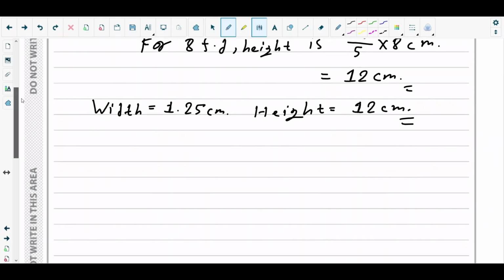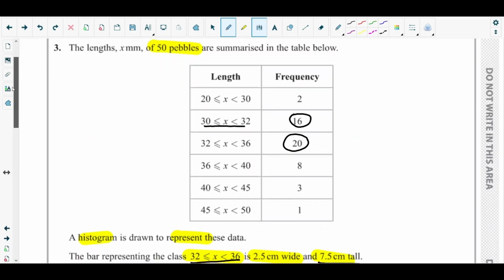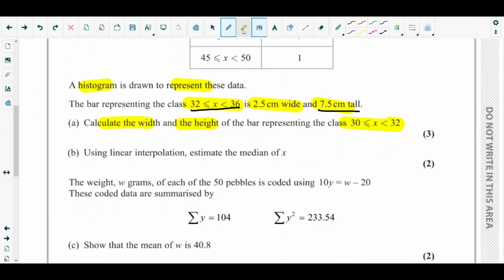Next, for part B, the question asked that we need to use linear interpolation to estimate the median of x. Linear interpolation is an important part of this question.